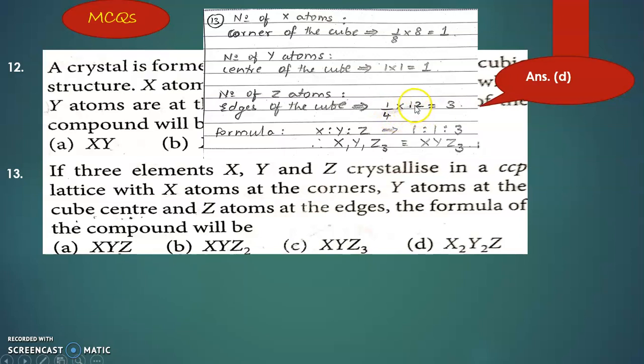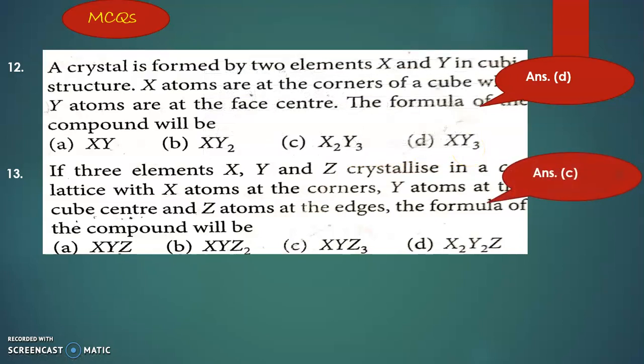So 1/4 into 12 would correspond to 3. So formula of the compound would be the simplest ratio of x, y and z. X is 1, number of y atoms is 1, number of z atoms is 3. So 1:1:3 is the ratio. The formula would be x1, y1, z3 or xyz3. So C is the correct answer.